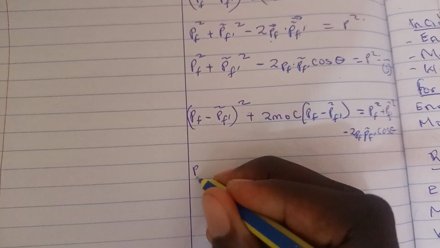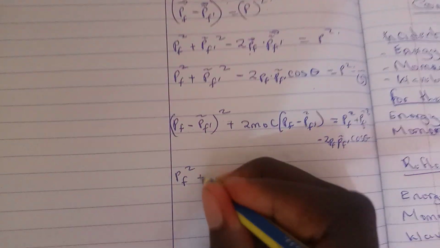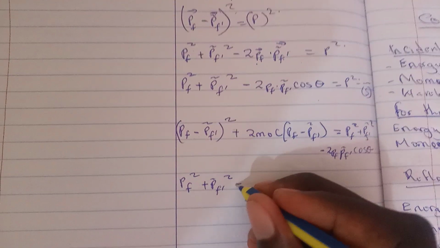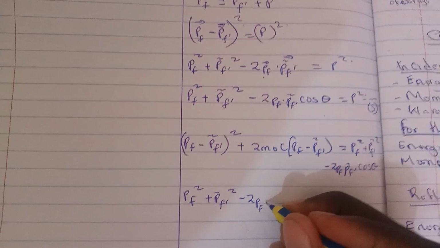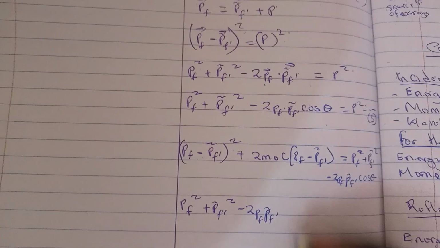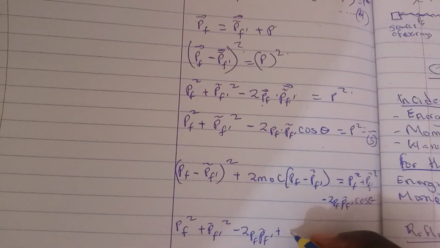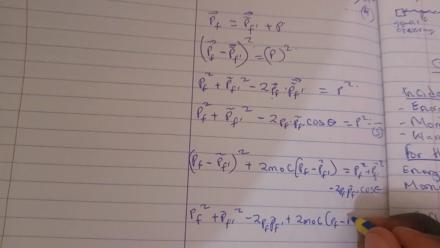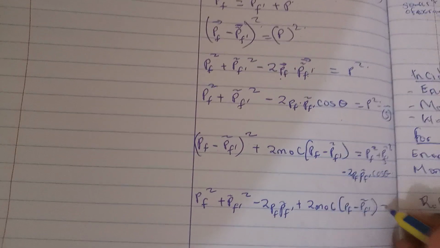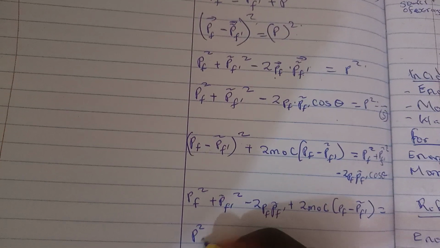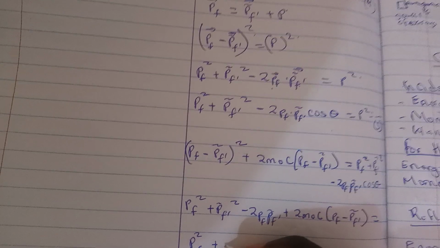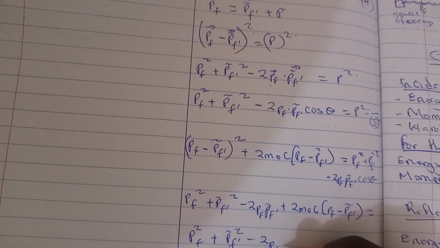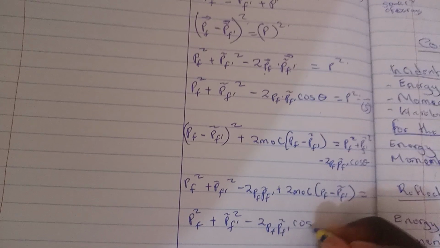So we have PF squared plus PF prime squared minus 2 PF PF prime, plus 2m naught c into (PF minus PF prime), equals this one, which is PF squared plus PF prime squared minus 2 PF PF prime cos theta.